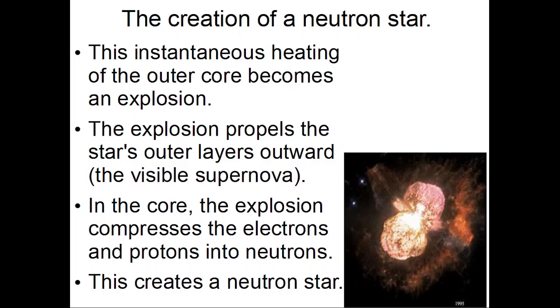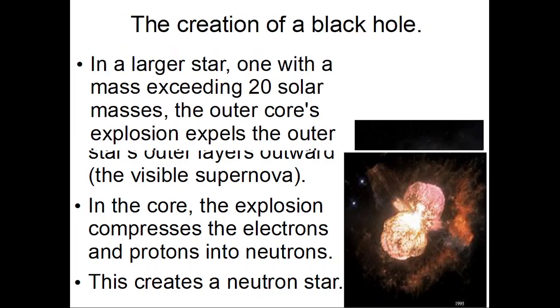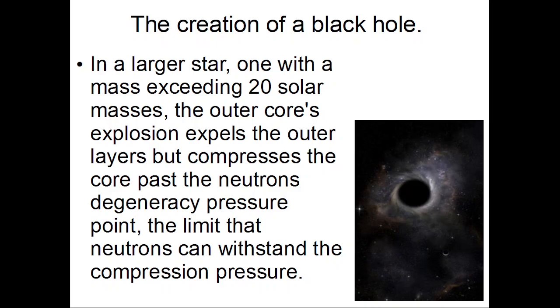Below the core surface, the explosion compresses the electrons and protons, turning them into neutrons. This creates a neutron star, a type of matter we don't encounter on the Earth itself. In a larger star, one with a mass greater than 20 solar masses, the compression from the supernova implosion crushes the core past what's called the neutron degeneracy pressure point, the point where neutrons can withstand the pressure, and they're forced closer than they can survive as neutrons.